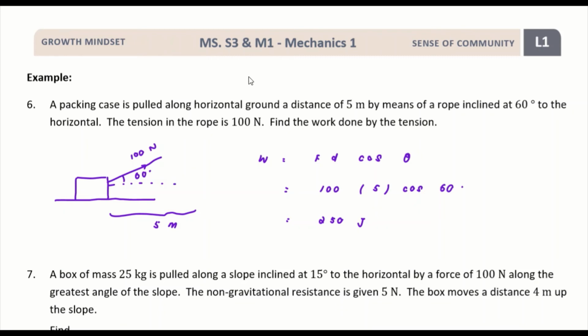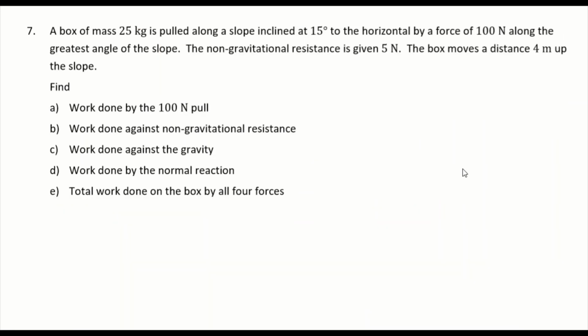Okay, question 7. A box of mass 25 kg is pulled along a slope inclined at 15 degrees to the horizontal. So this might be a little bit more complicated because we are talking about an inclined plane now. Okay, but the idea is just the same. So this mass is 25 kg.